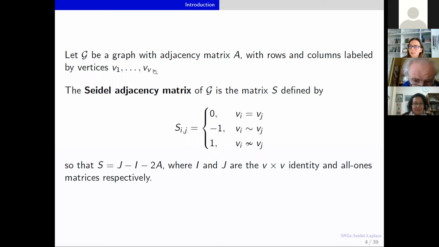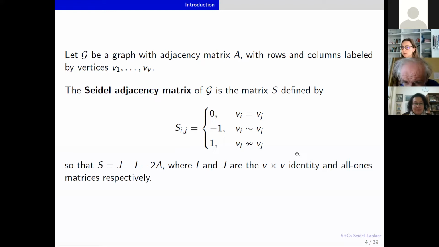Okay, so to this graph, and I am emphasizing not just to strongly regular graphs, we can associate a few more matrices, not just the adjacency matrix. One of these matrices is the Seidel adjacency matrix. The Seidel adjacency matrix of a graph G is the matrix defined by this formula.